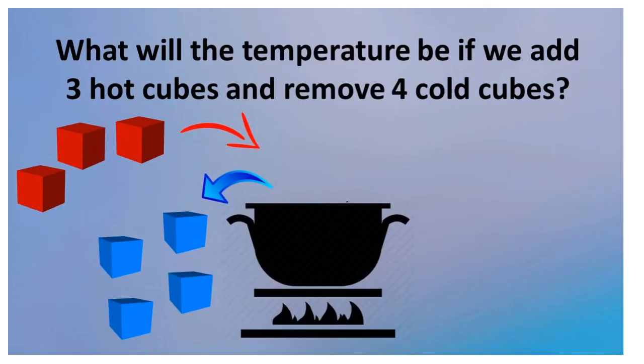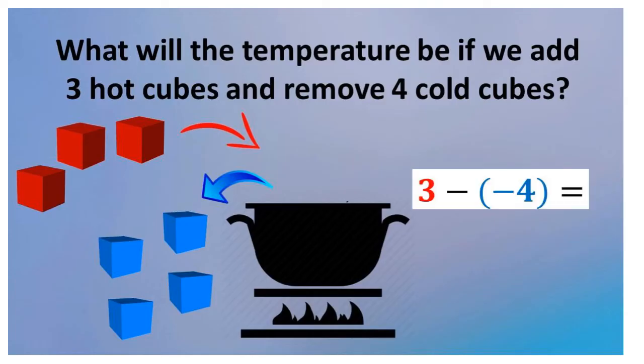Next one. We're almost done, I promise. What will the temperature be if we add 3 hot cubes and remove 4 cold cubes? Adding 3 hot, removing 4 cold. Here's the equation. 3 minus -4.